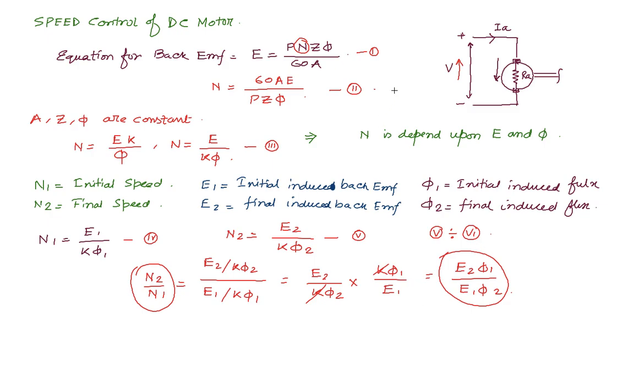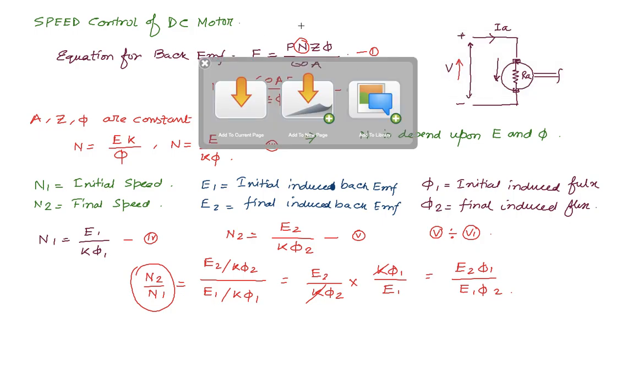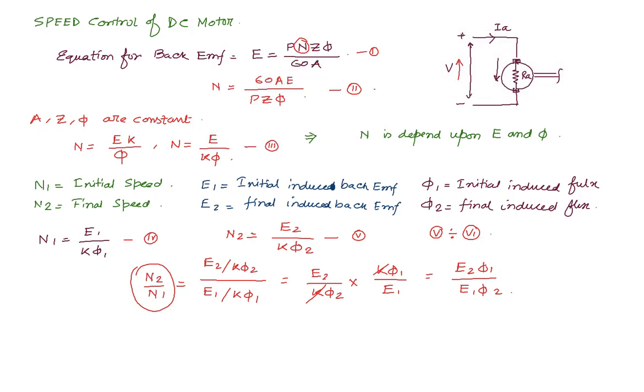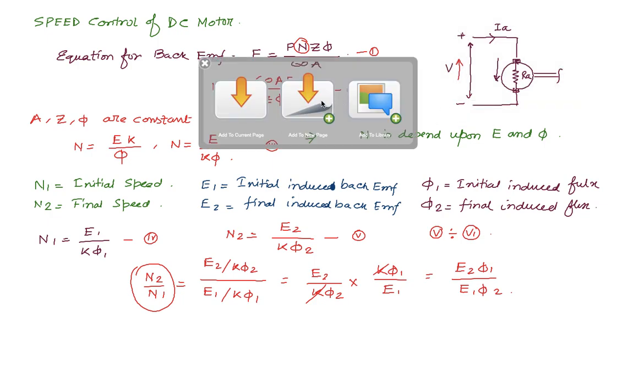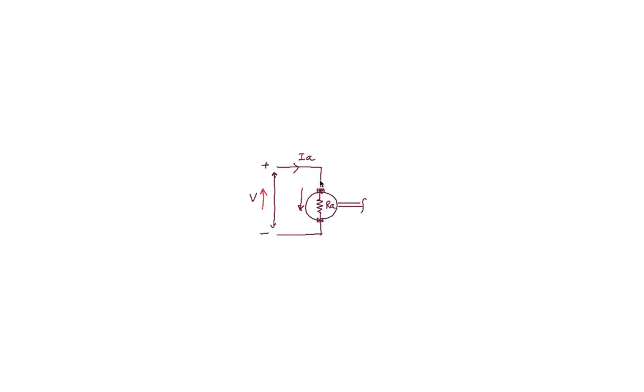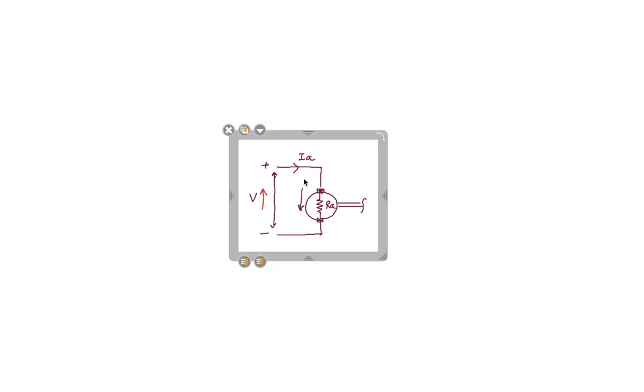For this, if we are considering this equation, we can take this diagram on the next new page. Now we can write the back EMF equation. What is the EMF equation?